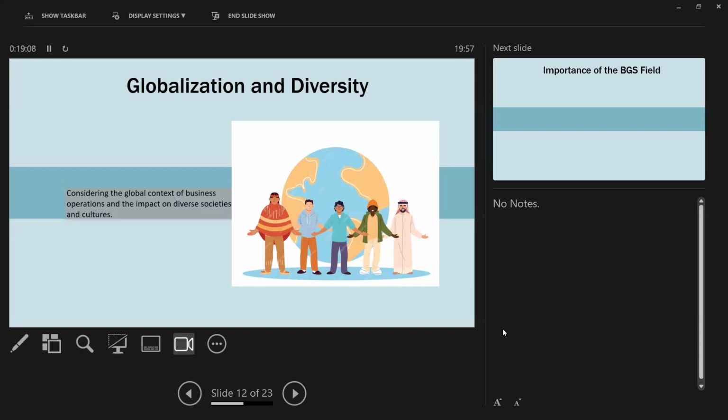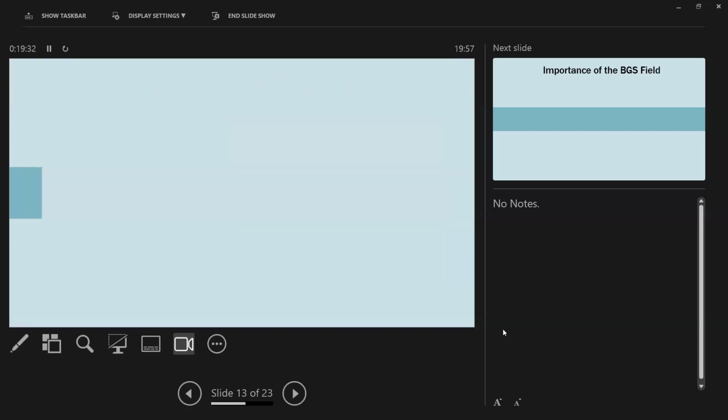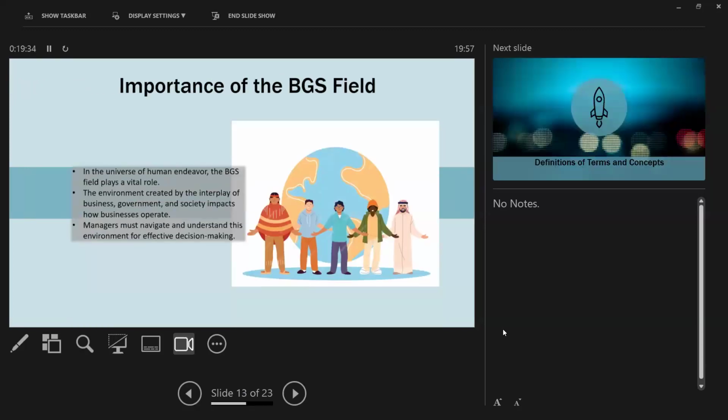There are a lot of things that people invest in. You wouldn't want to come to a place where all the time you are discriminated against based on your ethnicity or where you are coming from. So those things need to be addressed in terms of globalization. Companies must consider the global context of their business operations and the impact they have on diverse societies and cultures.